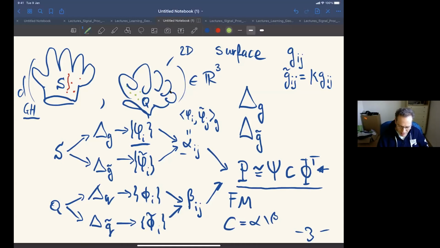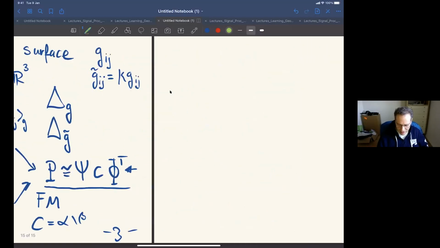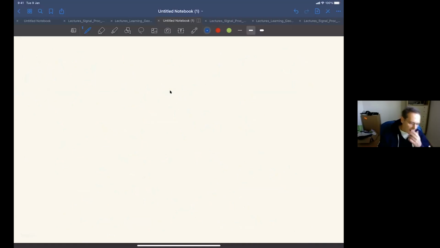So assume that somebody is giving me all the intergeodesics, all the interdistances between all points in Q and all points in S. So I have this D of all points to all points in S, and I have this other D of all points to all points in Q. And as a side note, these distances were computed by solving no other than the eikonal equation.